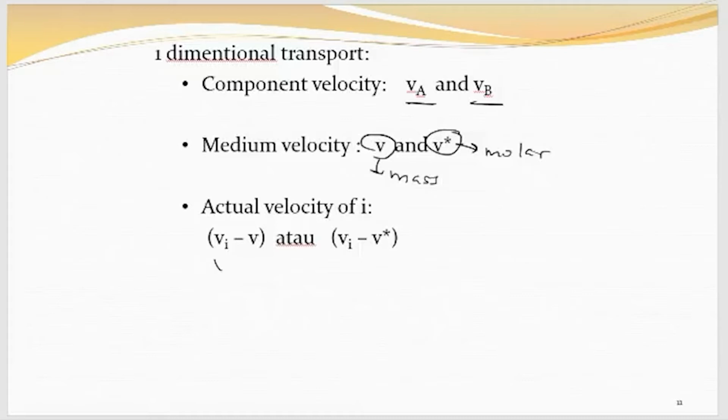I can write VA minus V, VB minus V, or VA minus V star, VB minus V star. That's the actual velocity. So the actual velocity of A is VA minus the medium velocity.